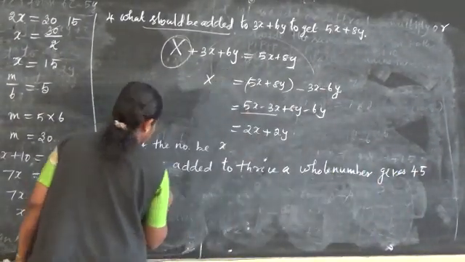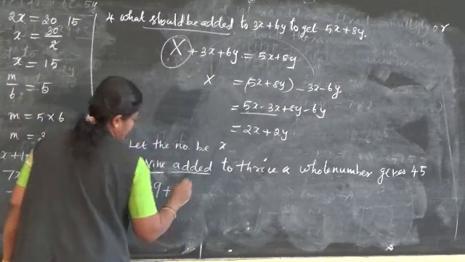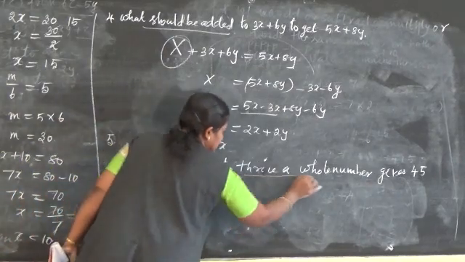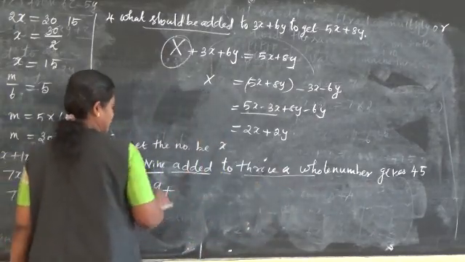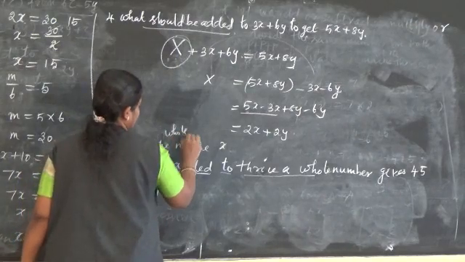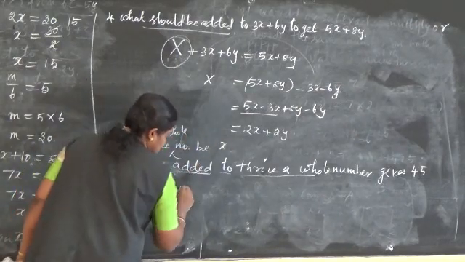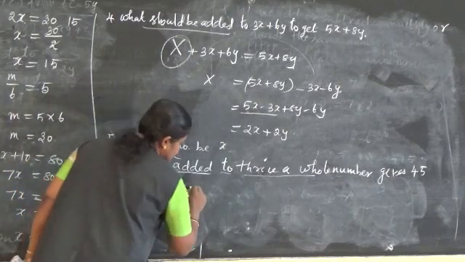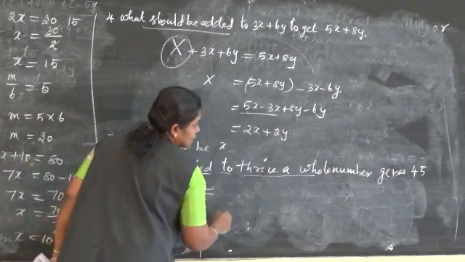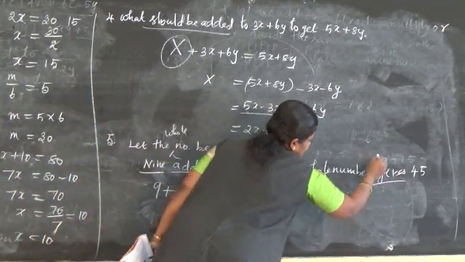That number only we don't know, so let the whole number be x. So thrice a number means 3 times of x.